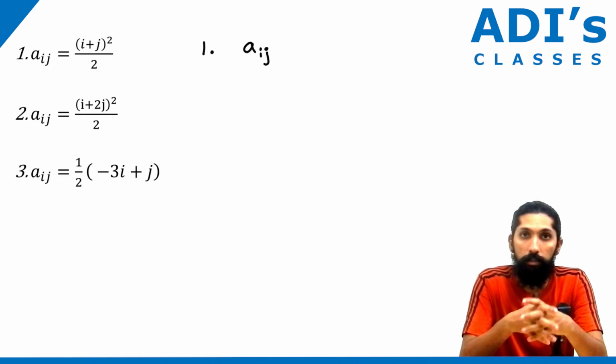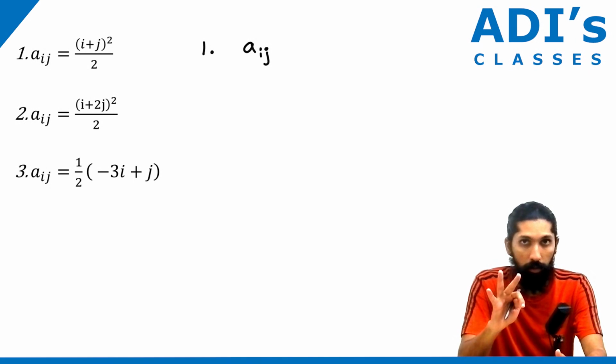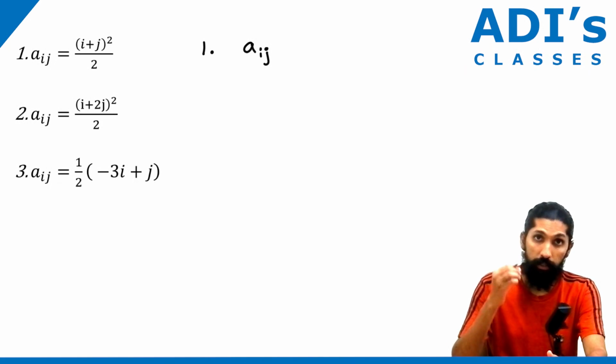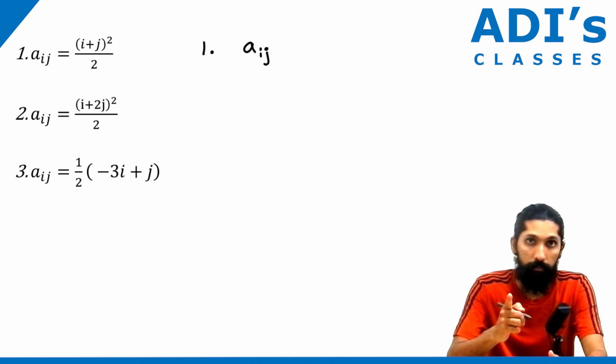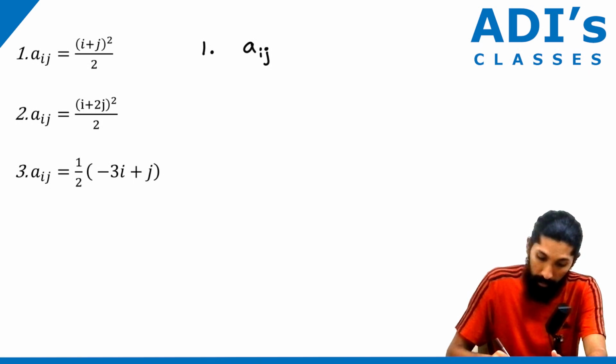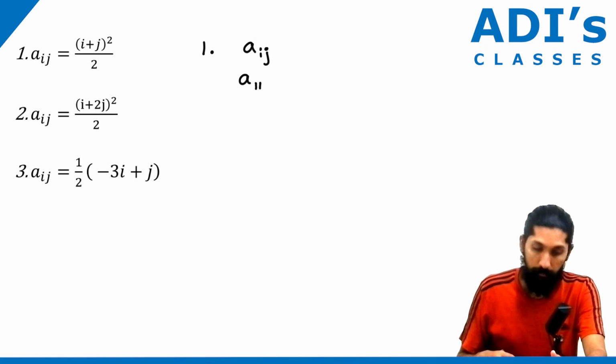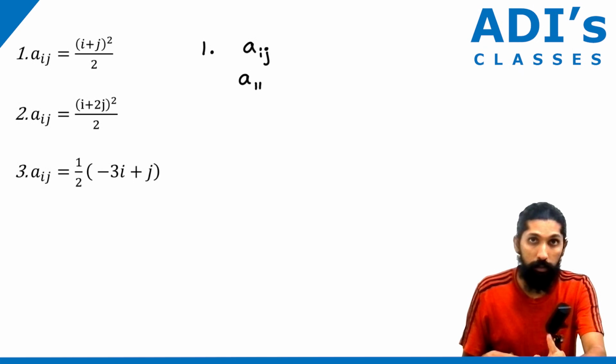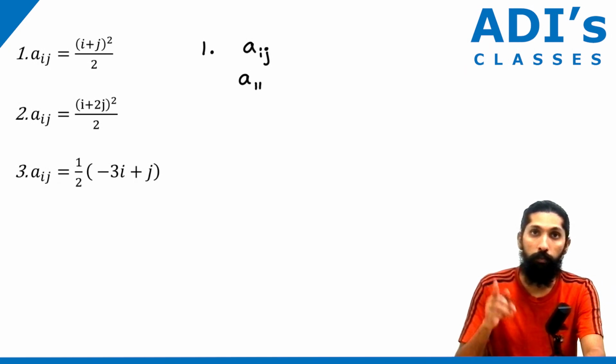For a 3 cross 3 matrix, you have 3 rows, 3 columns. That means the first element is basically A11, first row, first column. Put i and j as 1 and 1.